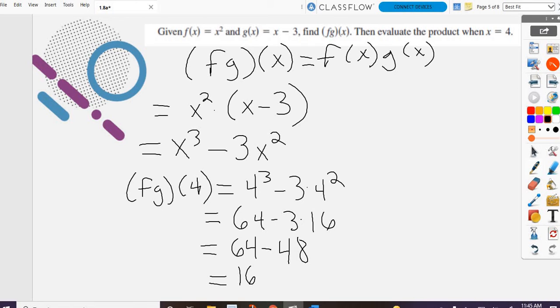Now, do any of these have domain restrictions on them? What is x squared? It's a monomial. But is it still a polynomial? Is a monomial still a type of polynomial? Yes, it is. A trinomial is still a type of polynomial.